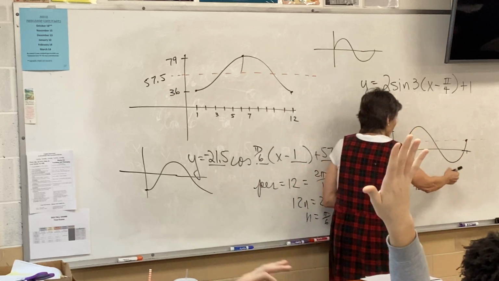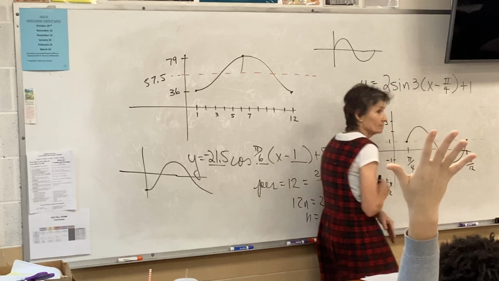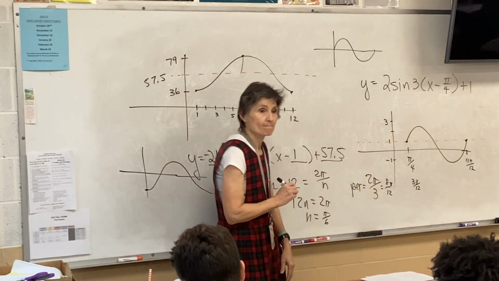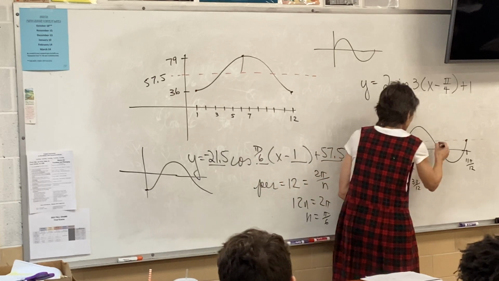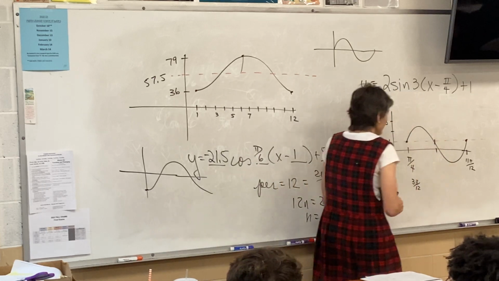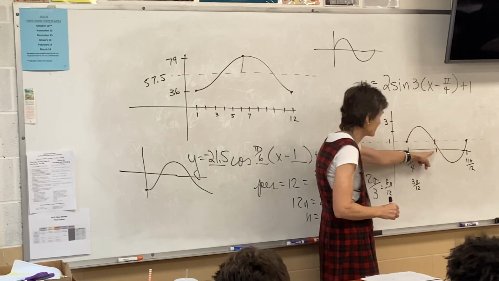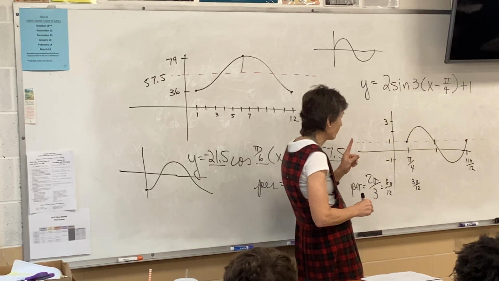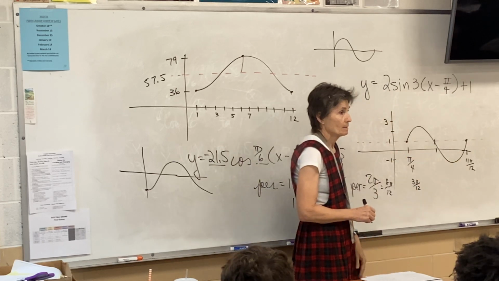So my end point has to be 11/12. And then right here in the middle, where the hill ends and the valley begins, is the halfway point of 3 and 11.